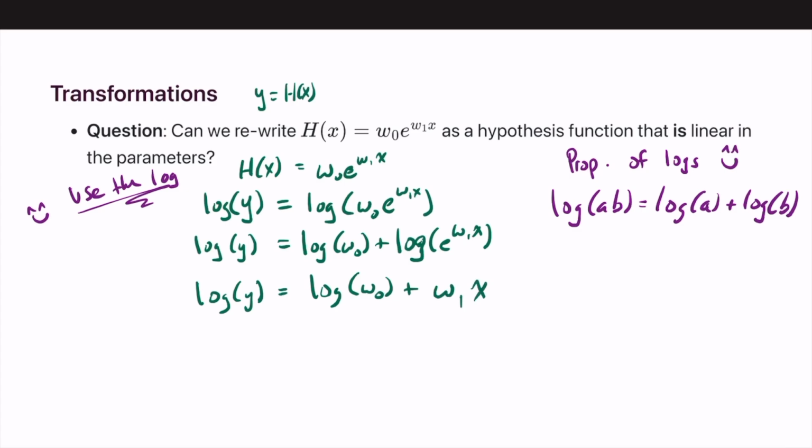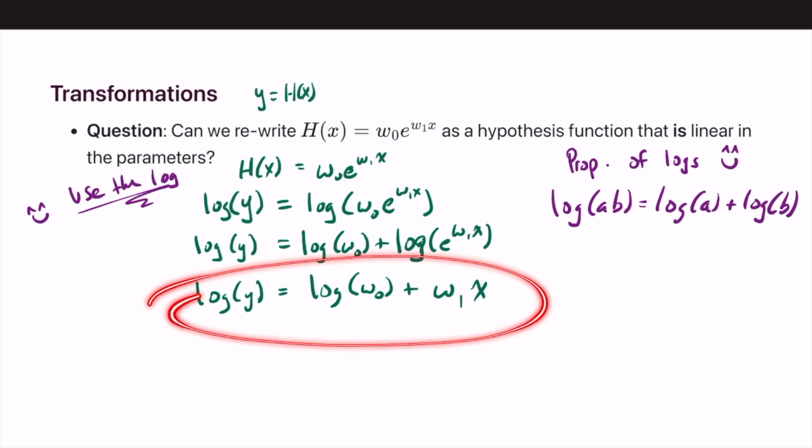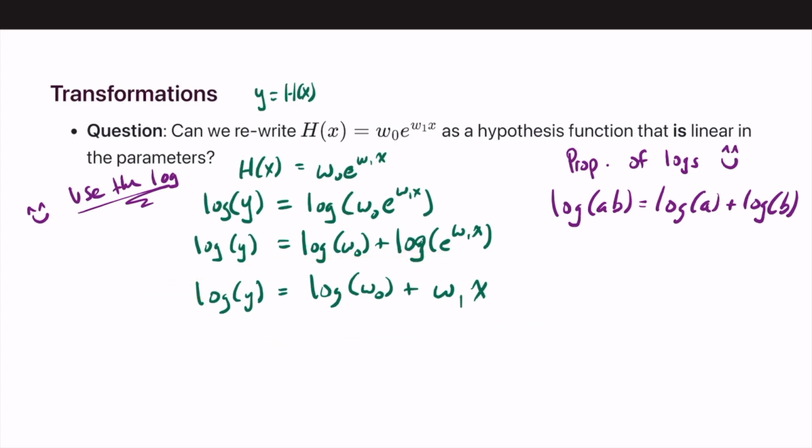Now, this looks like it's very, very close to the original idea that we had, which was w naught plus w sub 1 with something, right? So this was very close.